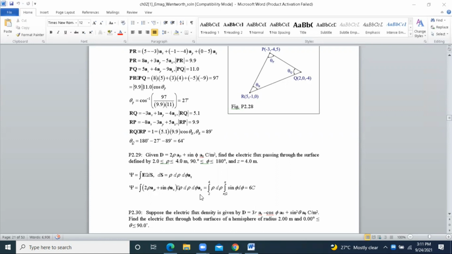I don't understand, I'm trying to find a rho. Why?